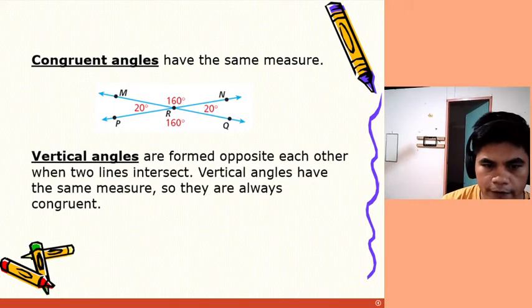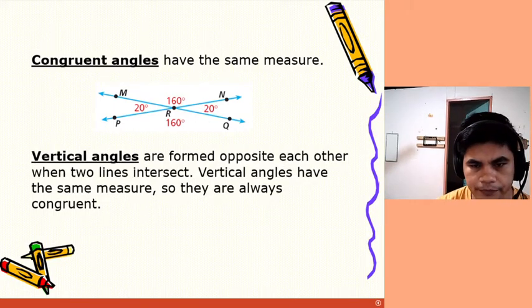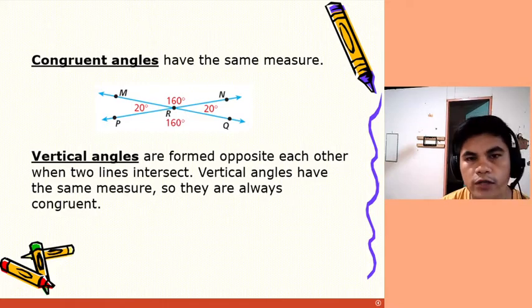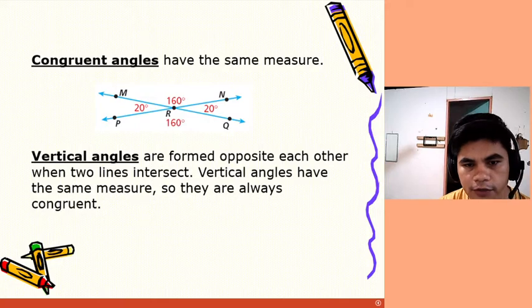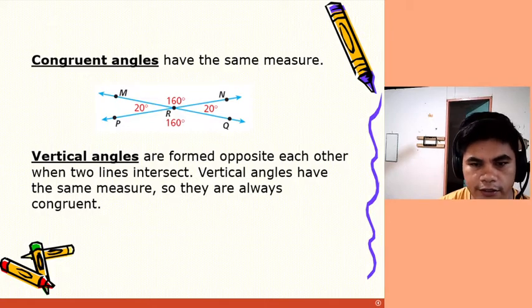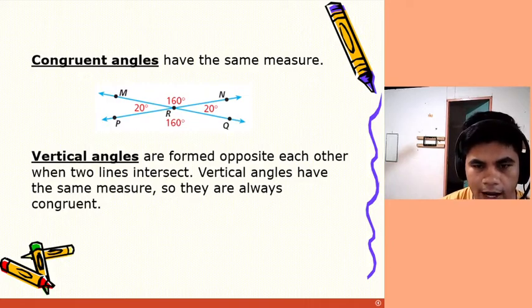Vertical angles are formed opposite each other when two lines intersect. Just like in this example, we have line MRQ and line PRN. They are intersecting lines. That is why they form two pairs of vertical angles.